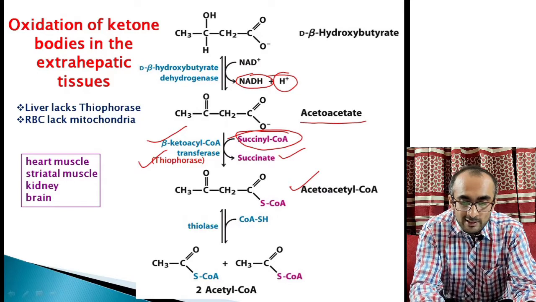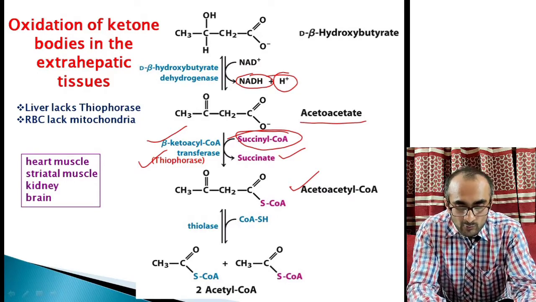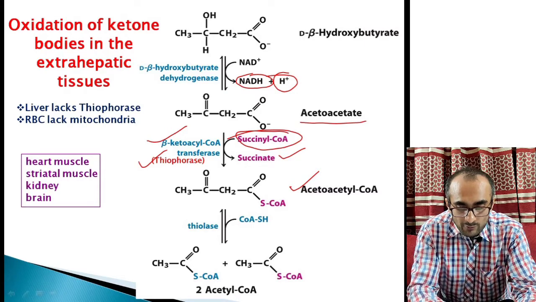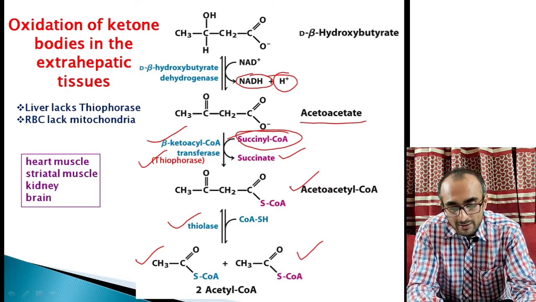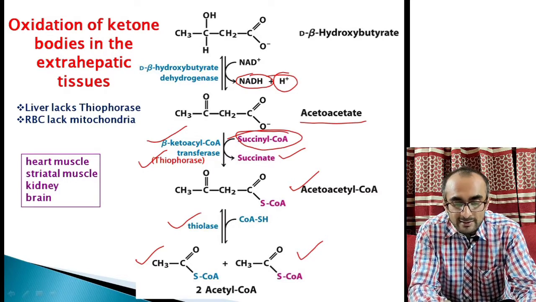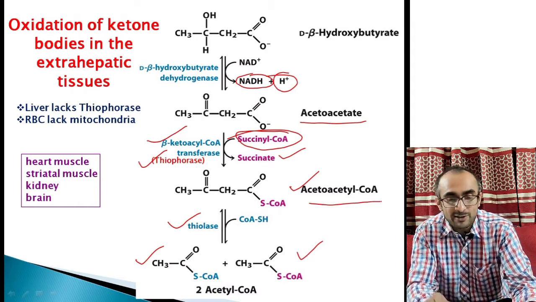Now this acetoacetyl coenzyme A is converted into two molecules of acetyl coenzyme A by the enzyme thiolase, the same enzyme which catalyzes condensation of acetyl coenzyme A molecules into acetoacetyl coenzyme A during synthesis of ketone bodies.